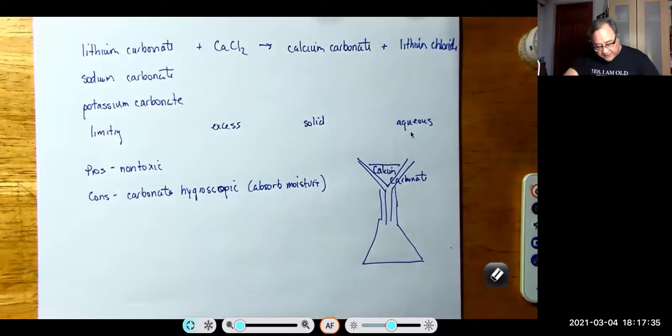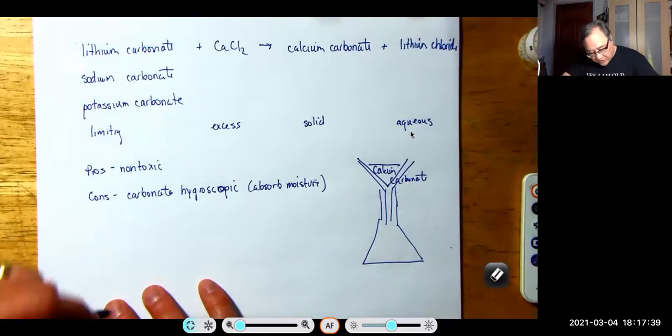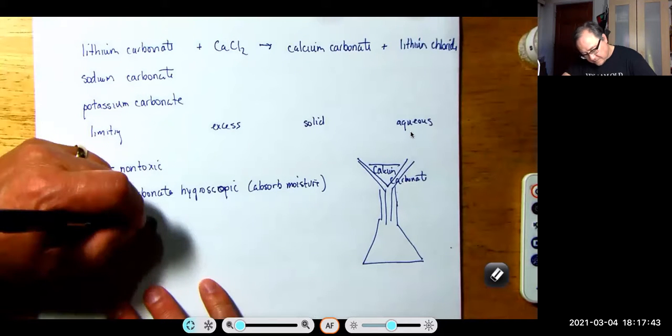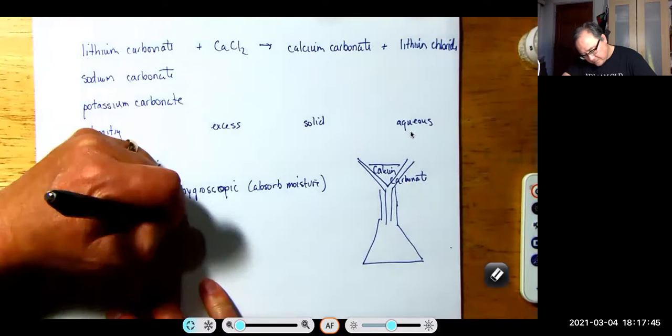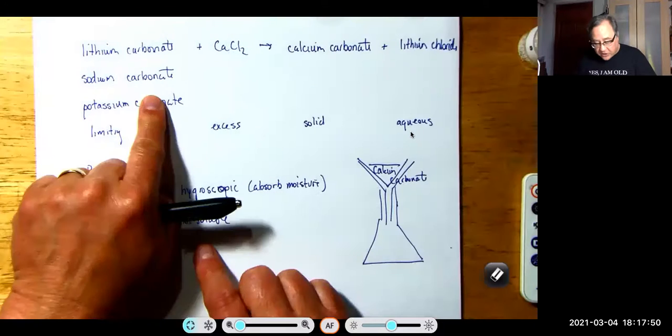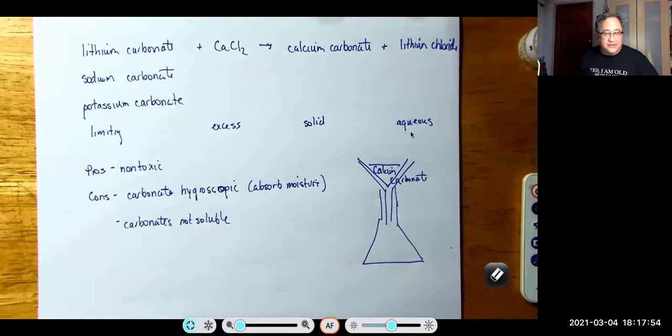Another con with this experiment is that carbonates are not soluble. So that means anything would precipitate with the carbonate. So we got to make sure that we don't accidentally put anything else in our solution.